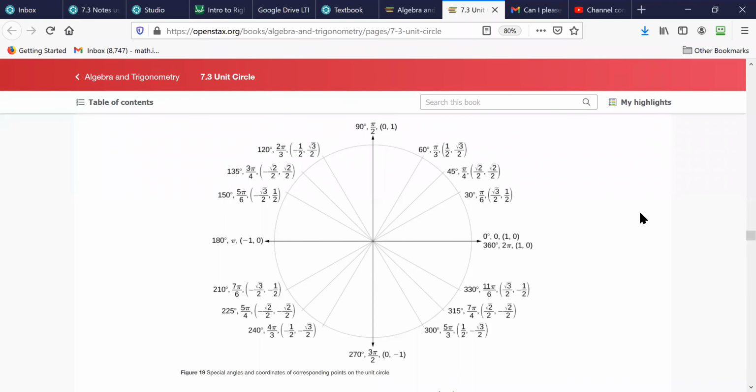And the last thing that I wanted to show you for this video is basically we projected all of the results from the first quadrant into angles in the second, third, and the fourth quadrant, whose reference angles are 30, 45, and 60 degrees.